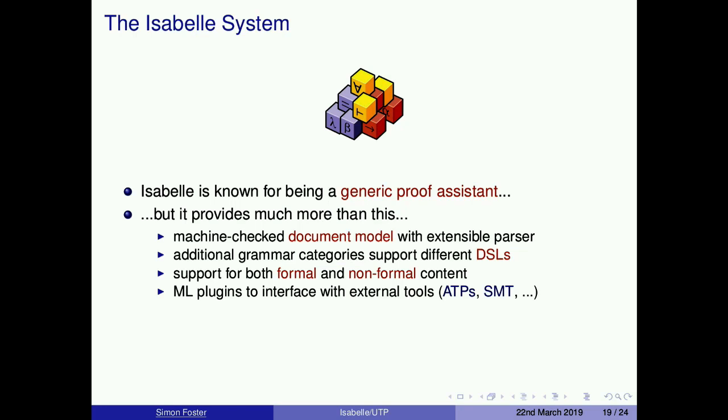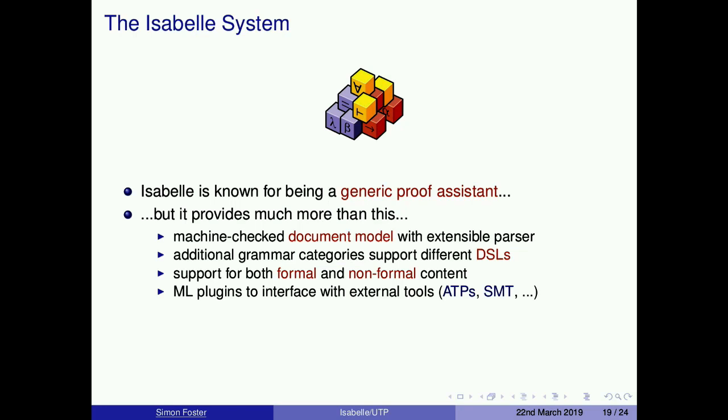Of course, we need to be able to give semantics to those things, but Isabelle nevertheless gives us the presentation layer. So Burkhart Wolff yesterday was showing me a very nice C parser that he's integrated into Isabelle with syntax highlighting and everything, so that you can really see your code and reason about it. As we saw as well, Isabelle allows us to support both formal and informal content, semi-formal notations, and so on.